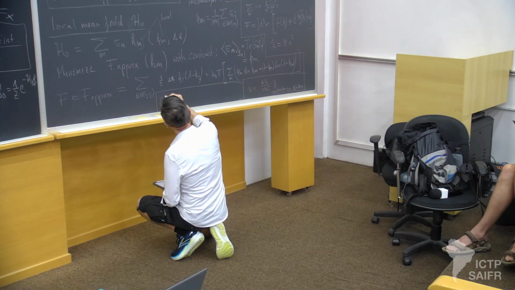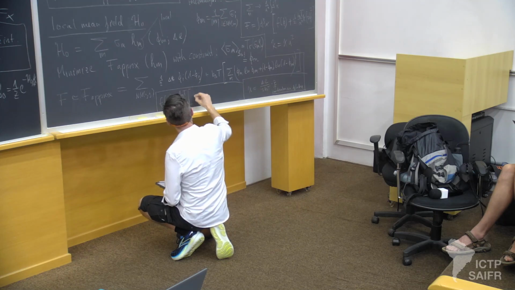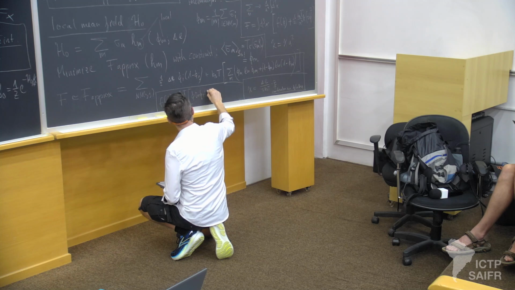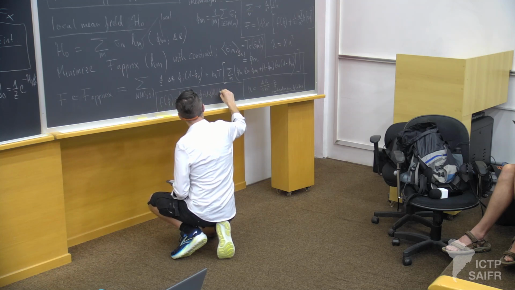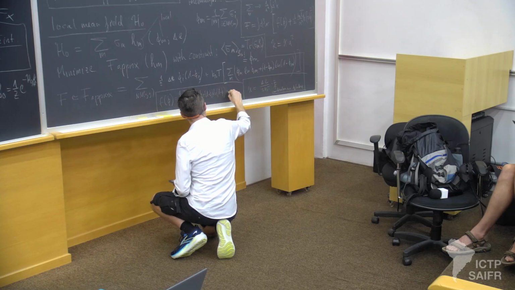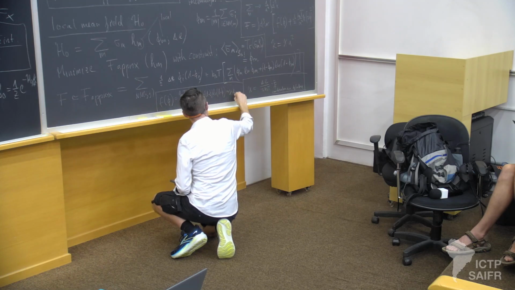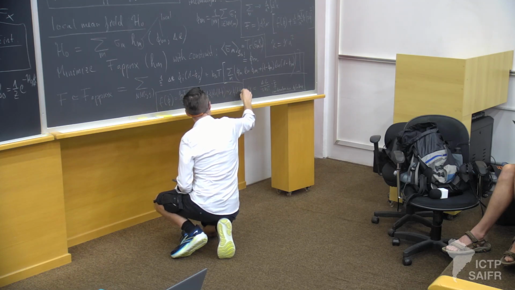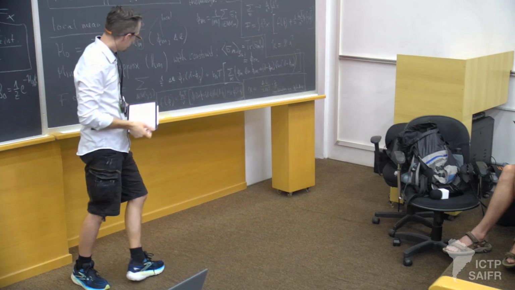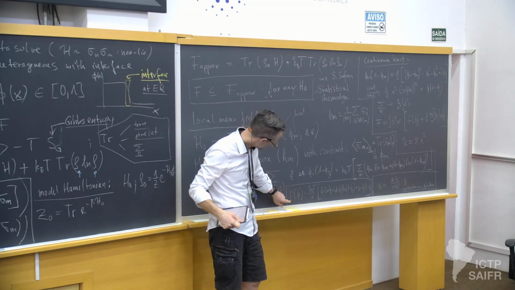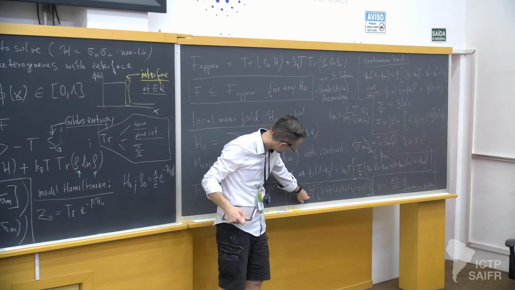So this is what you get. That's the free energy you've already seen. It's the free energy density, kBT by volume.